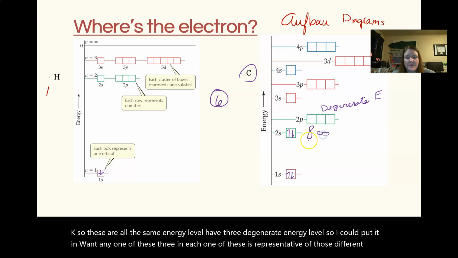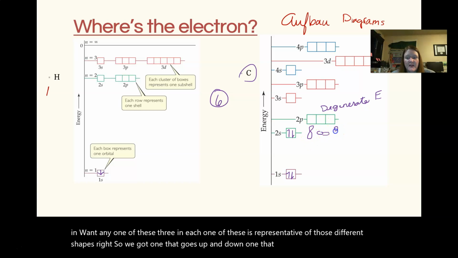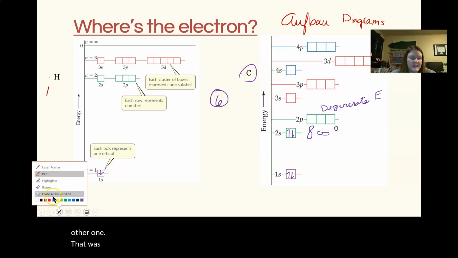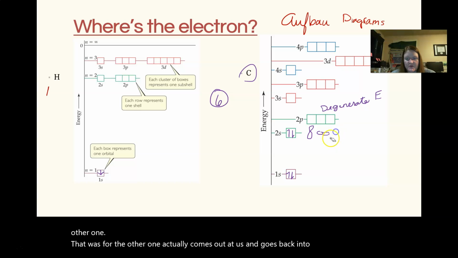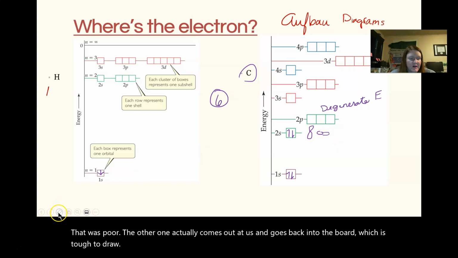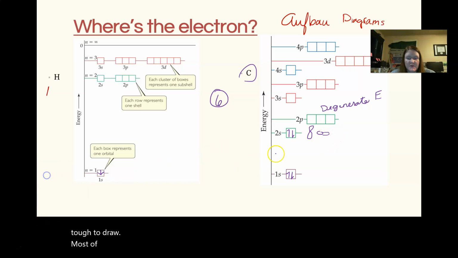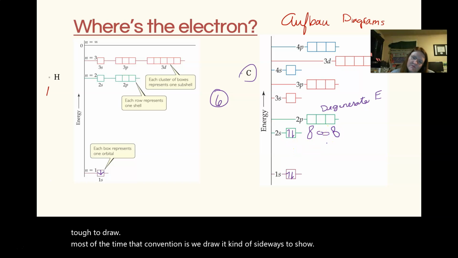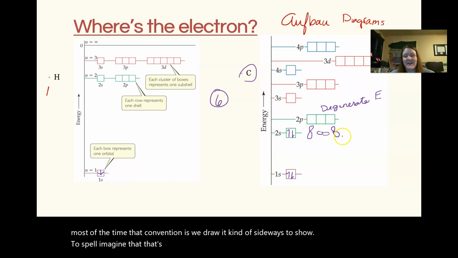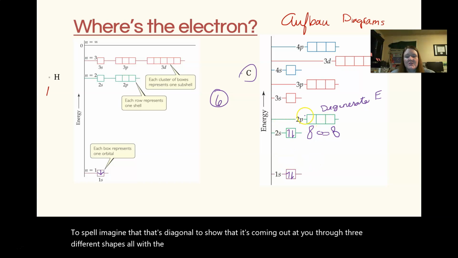So we have one that goes up and down, one that goes left and right, and the other one actually comes out at us and goes back into the board, which is tough to draw, but most of the time the convention is we draw it kind of sideways, imagine that that's diagonal, to show that it's coming out at you. So we have 3 different shapes, all with the same energy level, and only 2 more electrons.